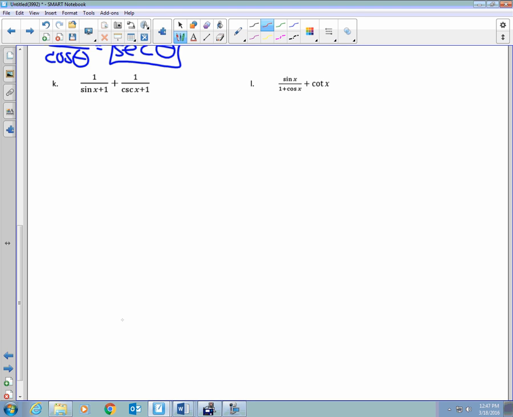When you have two fractions, sometimes it's best to just try to combine them together and see what happens. If you look at this scenario right here, it's not very intuitive to think about what's going to cancel. Fortunately, that doesn't work. So I'm going to find common denominators.